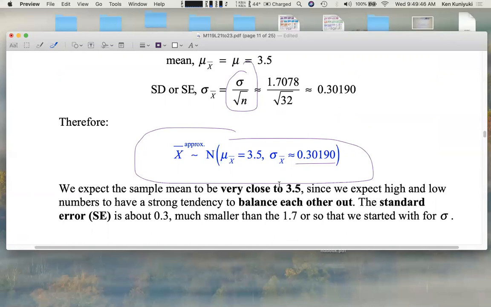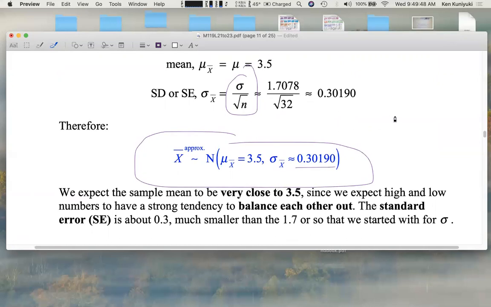And why is that? Well, think about it. If you have a machine rolling 32 dice, or better yet, imagine a machine rolling 1,000,000 dice, n equals 1,000,000. What do you expect to see? You see 1,000,000 randomly thrown dice on the ground. A big mess, right? But what do you expect to see?